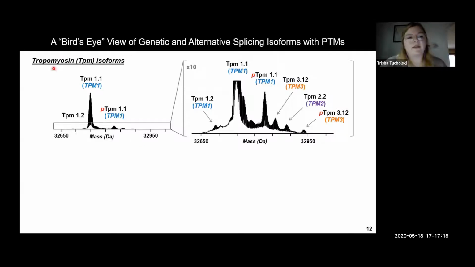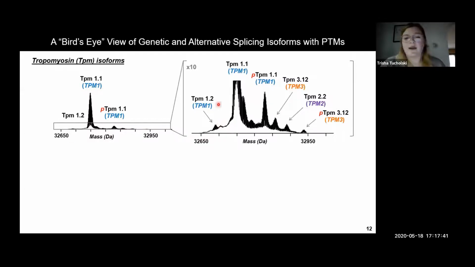So here I'm just showing you an example of tropomyosin. The most abundant isoform that we observed in our samples was TPM1.1, also commonly referred to as alpha tropomyosin. We see the unphosphorylated or unmodified form, and we also see a phosphorylated form. But if you were to zoom into the baseline here, you can actually see much more.